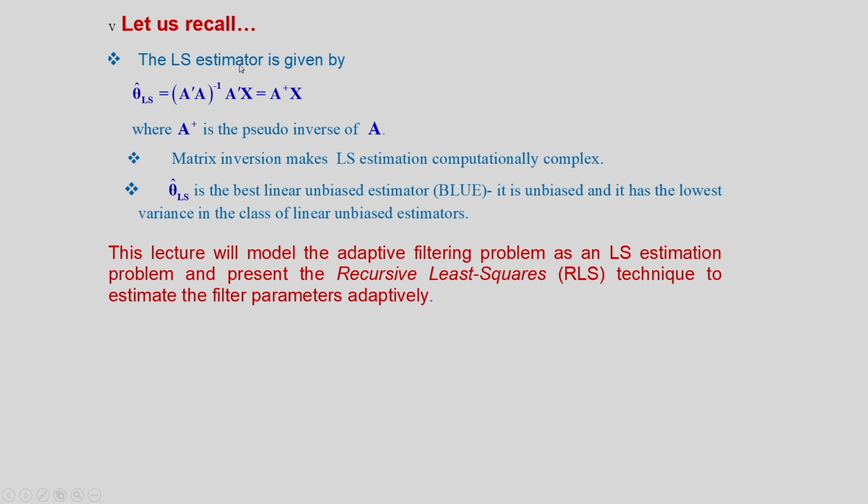Now, the LS estimator is given by this expression θ̂_LS = (AᵀA)⁻¹Aᵀx, and this quantity (AᵀA)⁻¹Aᵀ is denoted by A⁺ and is called the pseudo inverse. Therefore, θ̂_LS = A⁺x.